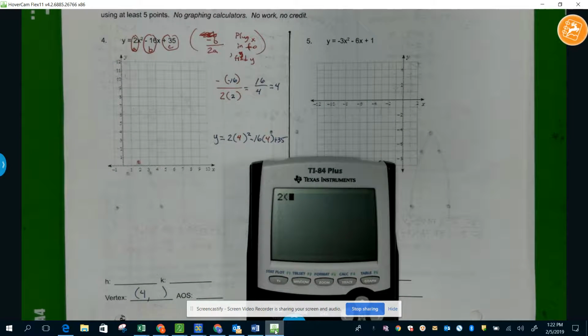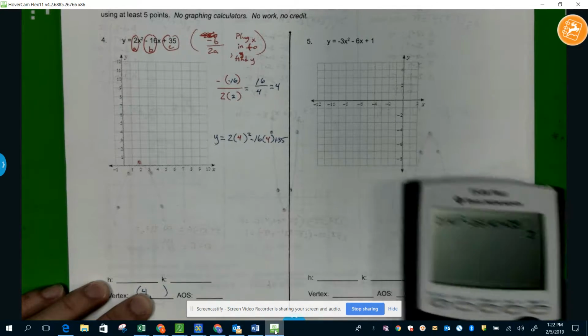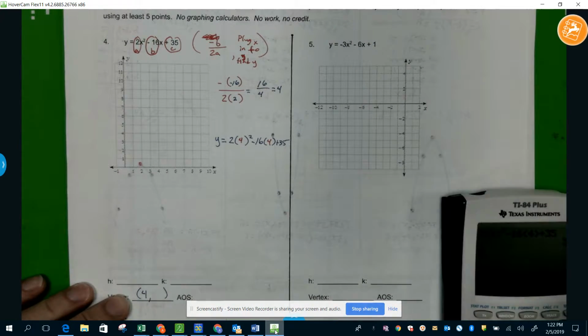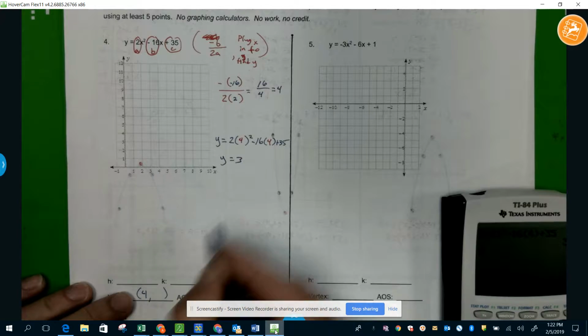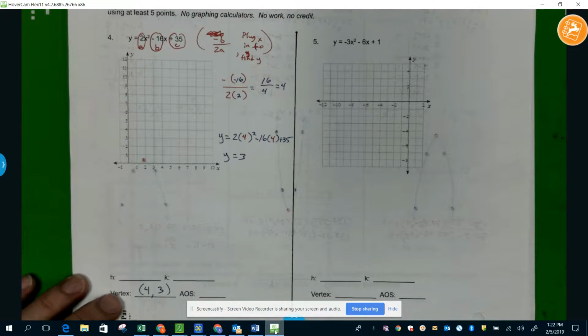Please use your calculator. Plug it in exactly like you see it: 2 times 4 squared minus 16 times 4 plus 35. That gives us a 3. My y value is 3, so my vertex is 4, 3.